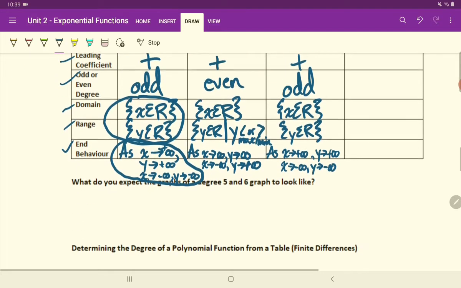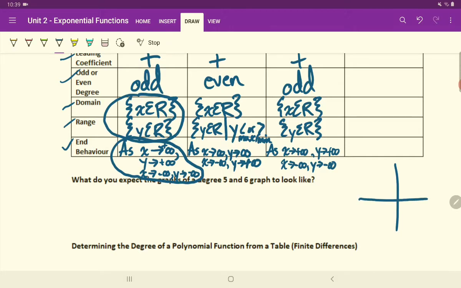Now, of course, remember that instead of the curve going this way, it could go this way, in which case you'd have the opposite. That is, as x approaches negative infinity, y approaches positive infinity. So you just have to look at your graph to make that determination. But it will always be the same as its linear counterpart.